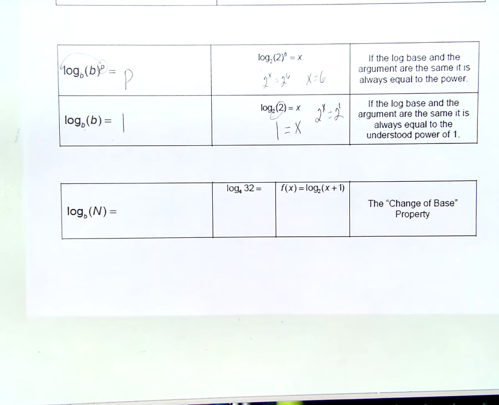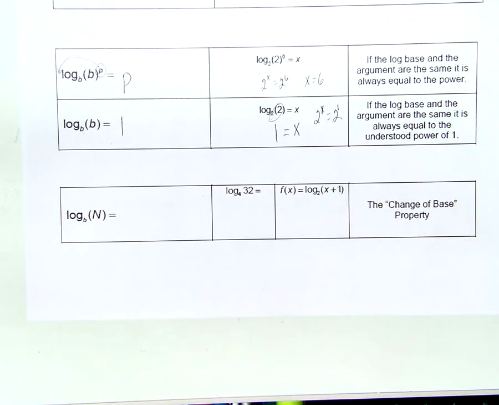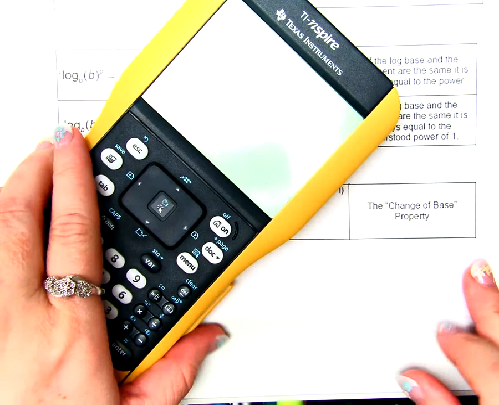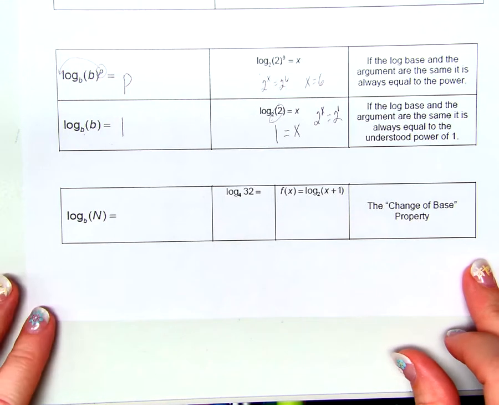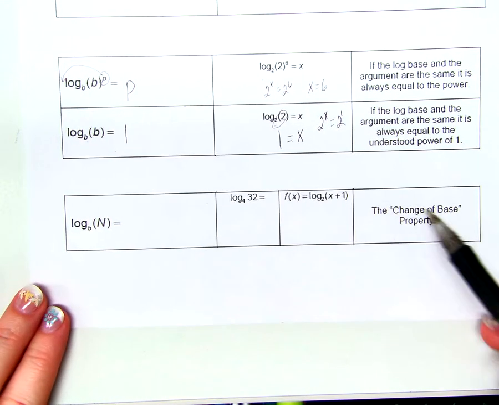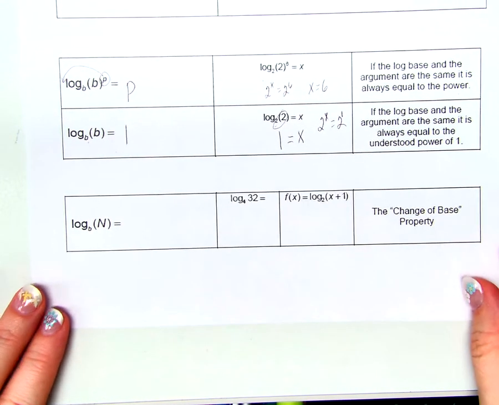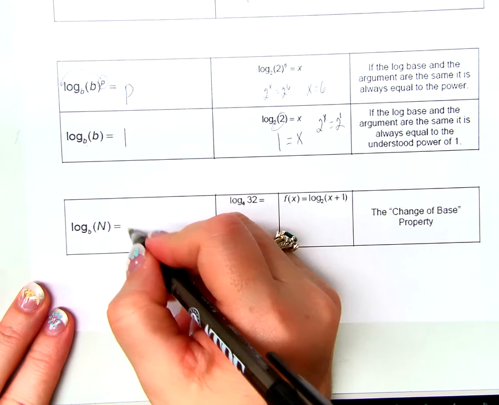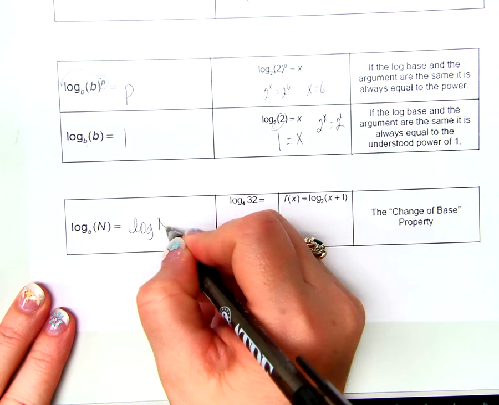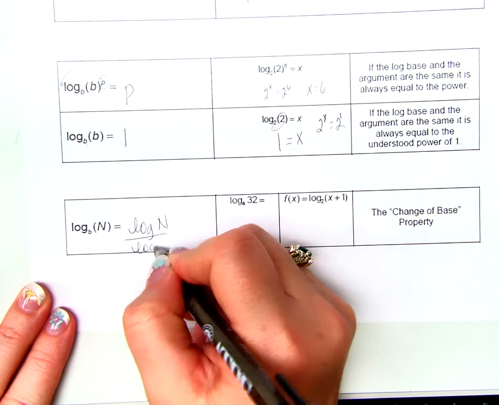Remember, this is the one that I kind of said you don't necessarily always need to know, because our calculators can do it by themselves. But what about the change of base property? Do you remember this? This is log of n divided by log of b.